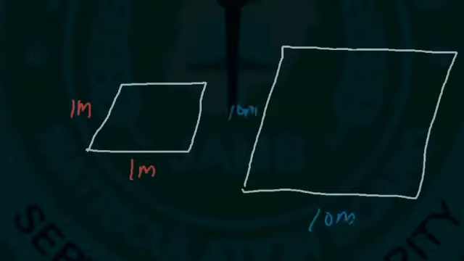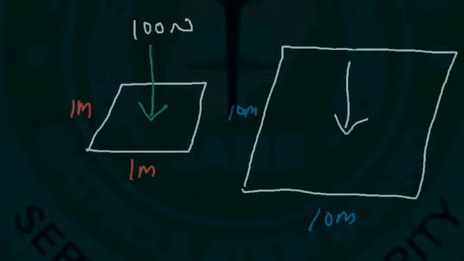Now if we apply a force of 100 newtons across the area of this square, and the same force of 100 newtons throughout this entire square, which one has a larger pressure value? Is it the one on the left or the one on the right?